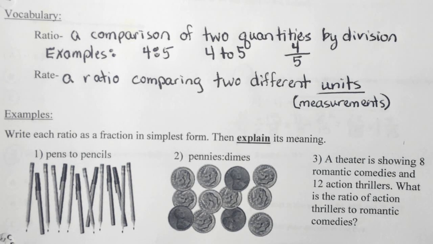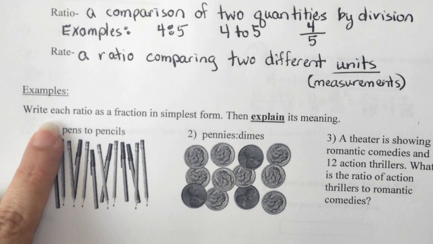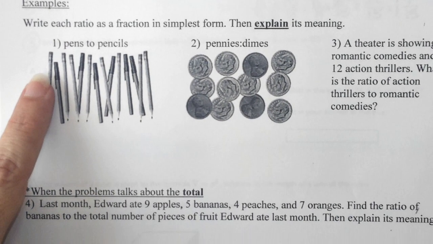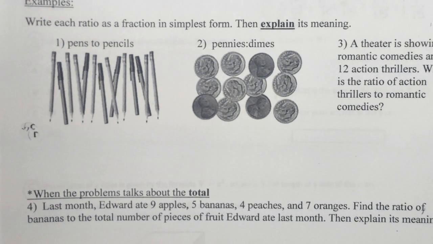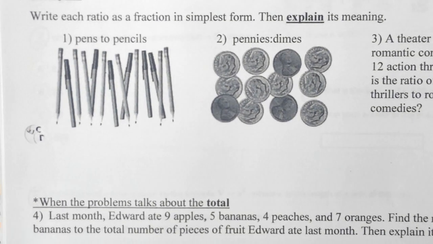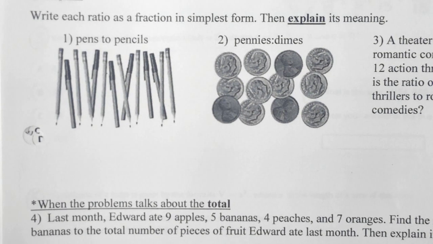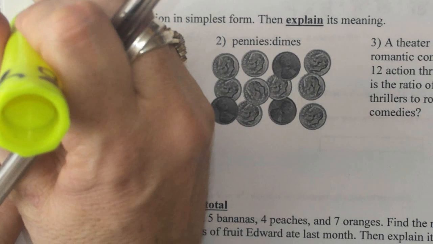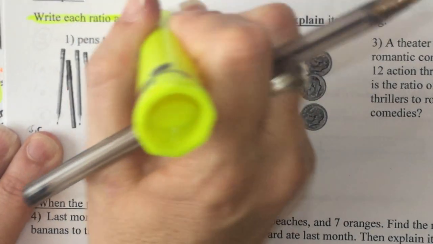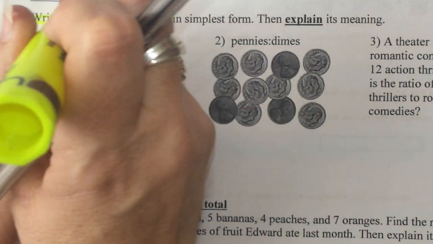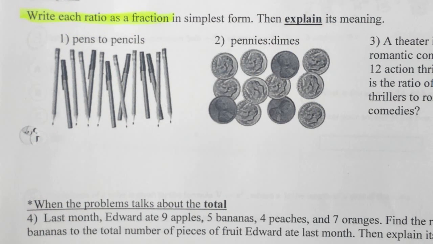Okay, so there are 3 things that are required, especially on these first couple ones. The first one is we're going to write each ratio as a fraction. That's kind of like the first thing we're going to do. Pull out the information out of the picture, the words, whatever.